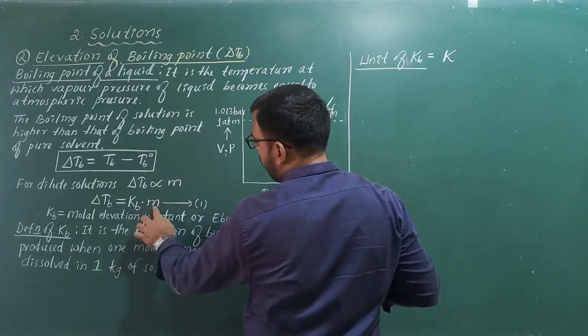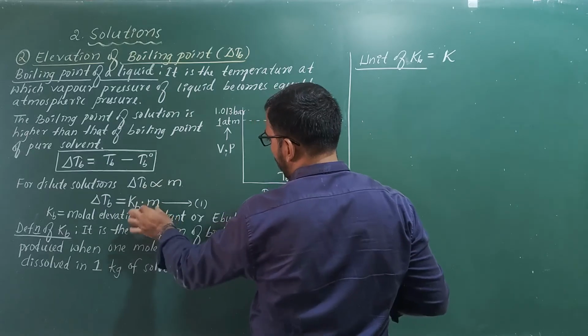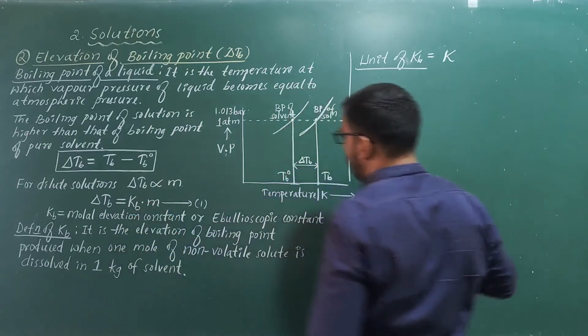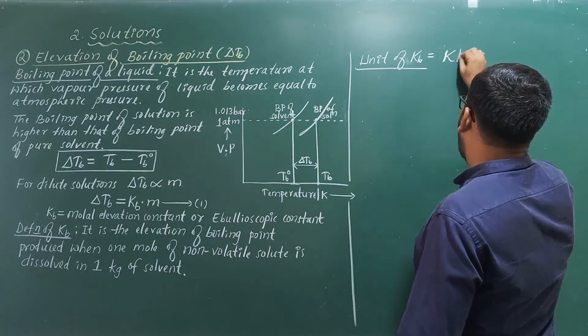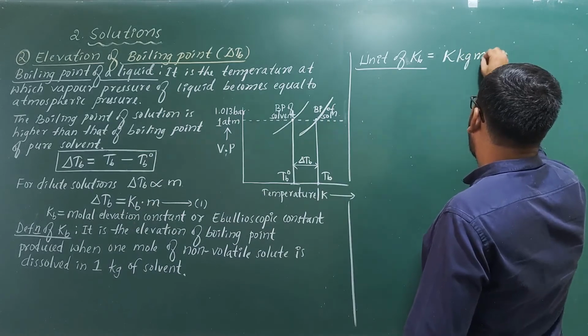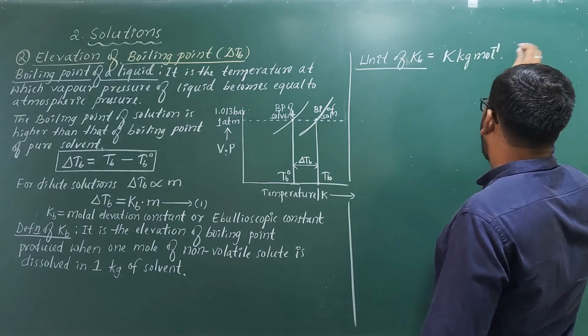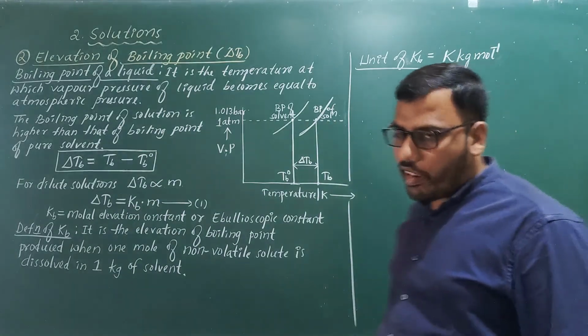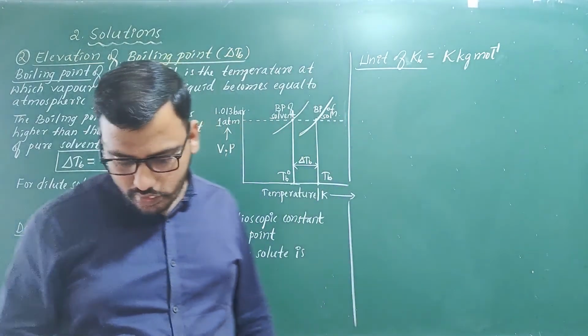Molality comes in the denominator, mole per kg, so it becomes kg per mole. Kelvin kg per mole.